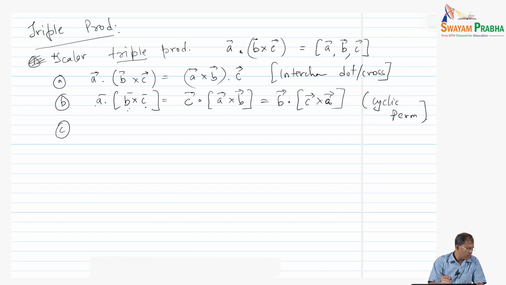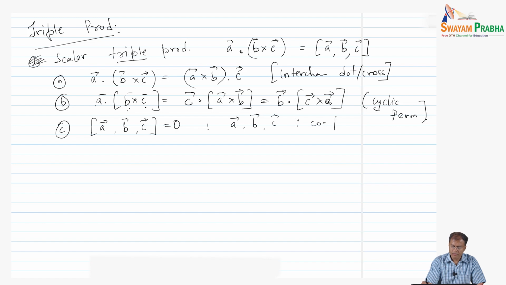The third result says that suppose the scalar triple product A B C is 0. If the scalar triple product is 0, then A, B, C are coplanar, right? Why? Because if the scalar triple product is 0, two of the three vectors will involve a cross product, and since they are coplanar, the cross product is a vector aligned with the plane and will vanish.